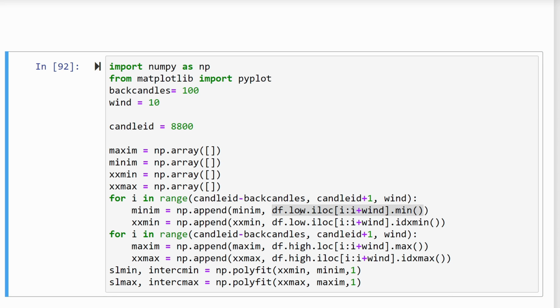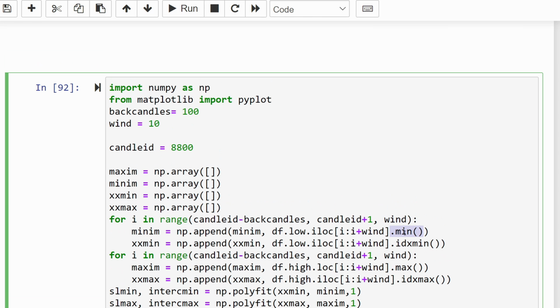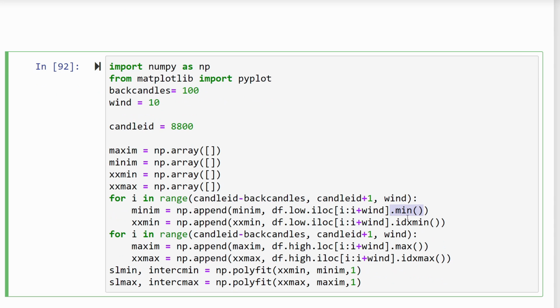So it's going to be the column of the low values of the candlesticks. We're going to locate something between i and i plus window. So we are within the slice we are working on, and we want to extract the minimum value that we can find in this particular slice. And we append this into the minimum array. Same thing, we are going to check the index where we found this minimum.